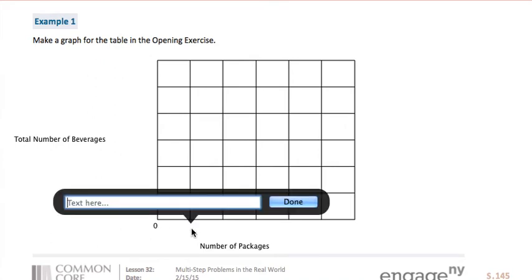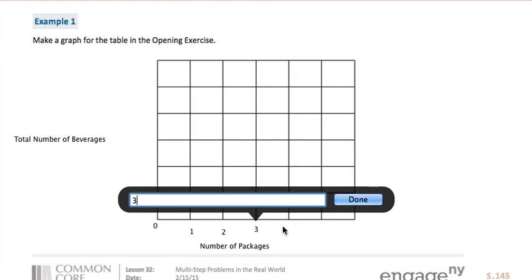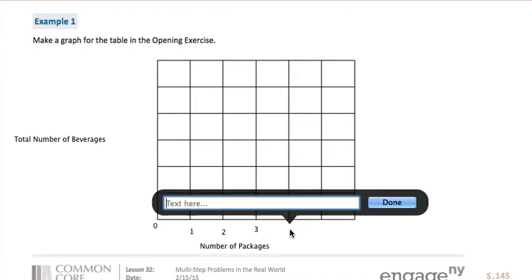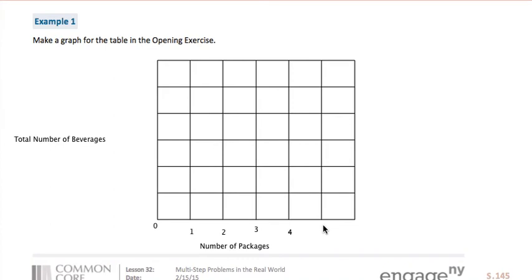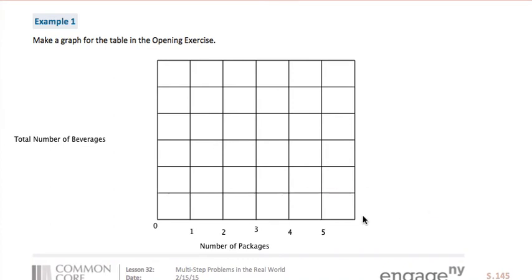Now we were buying small numbers of packages, 1 through 5. So on the x-axis, we'll put 1 through 5. And we're numbering the lines, not the spaces. So we'll go up to 6 here.